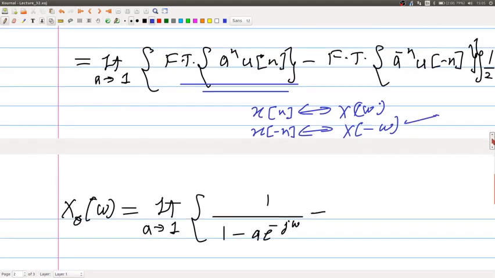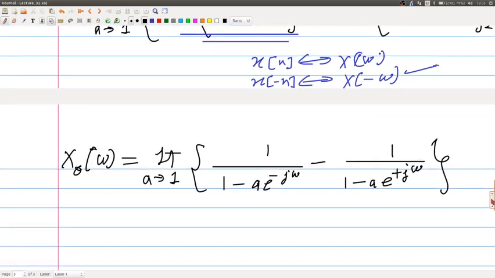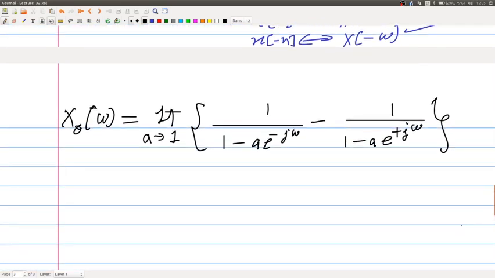So this would be simply 1 divided by 1 minus a e to the power plus j omega. Is that correct? Right, so check it on your own. You must check this on your own.